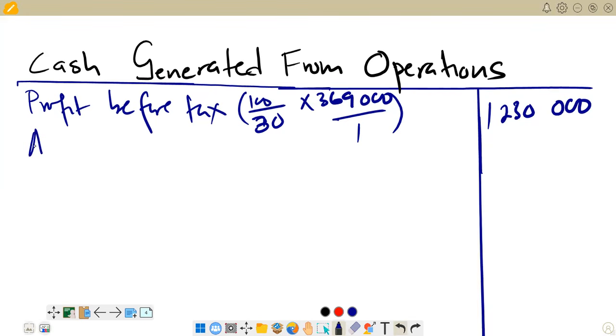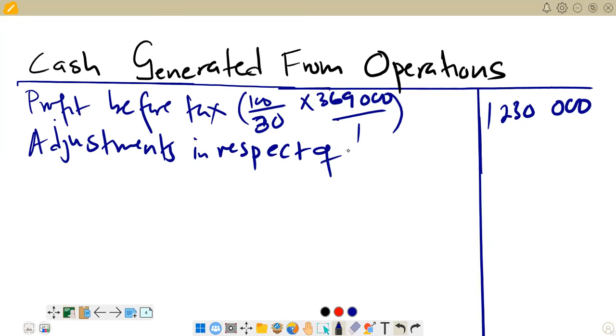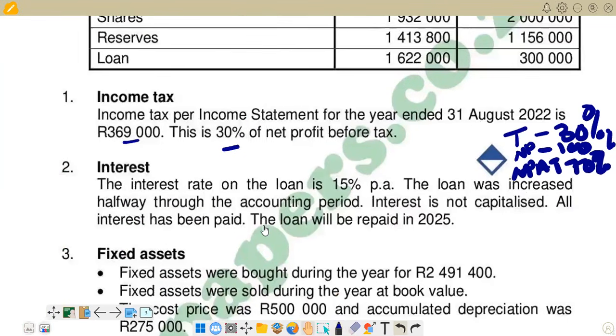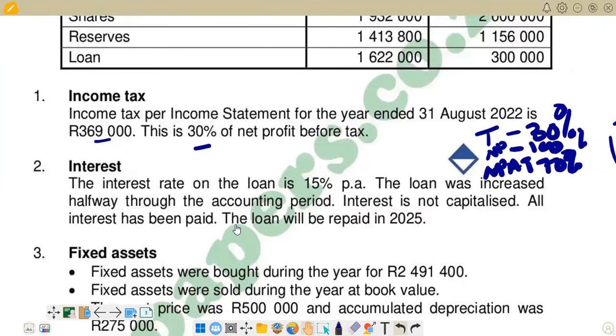So here we can write adjustments. We are now making adjustments in respect of, so we check in the question the non-cash items, including interest, if we have those items in the question. If you come here, you would see that we have got interest.